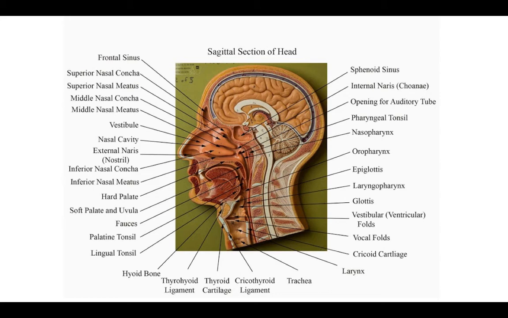The one interesting thing that you might see in the nasopharynx, since we just talked about this not too long ago, here is the opening for the auditory tube. So the right and left auditory tubes open in the nasopharynx. And when you need to relieve the pressure, a lot of times you'll press on your nose and blow.